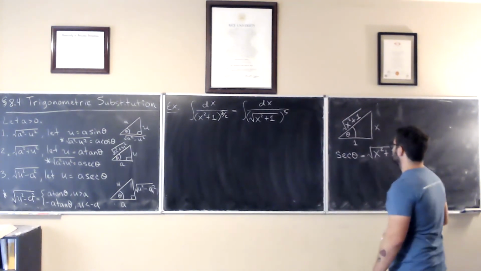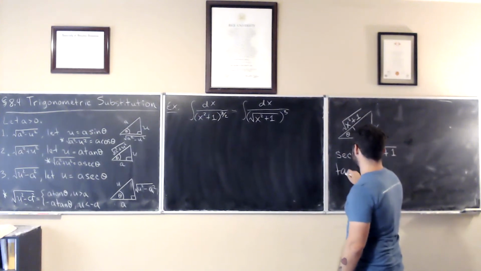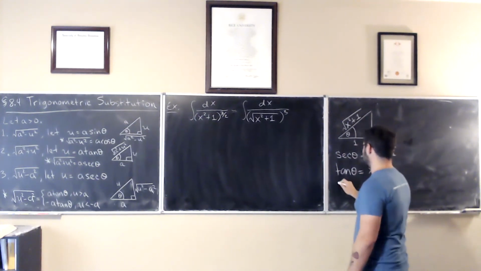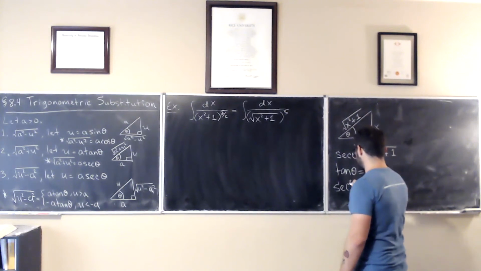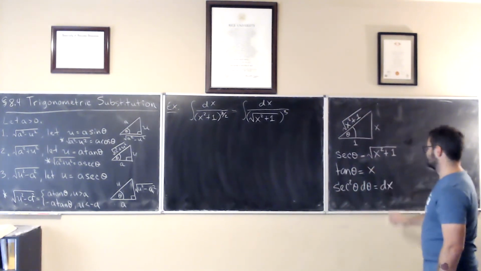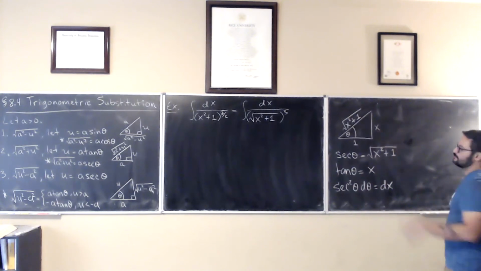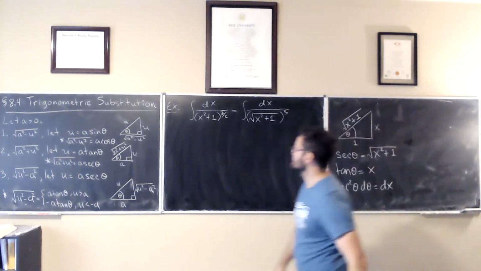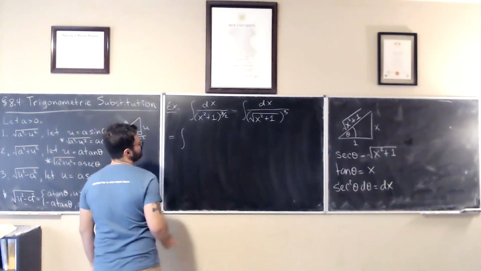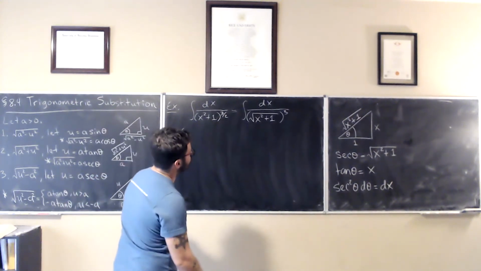And then to get the dx, I see tan theta is equal to x. So I just did this one, I think, right? Secant squared theta d theta is equal to dx. It looks like I can replace everything, right? So this is going to be, what's dx?